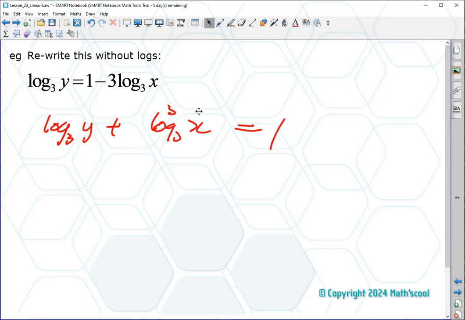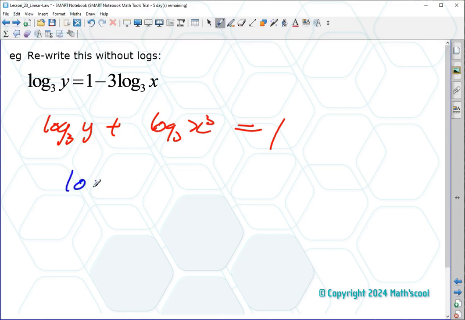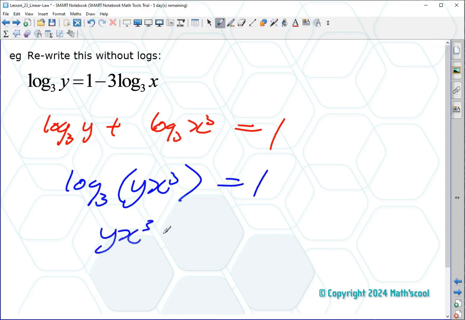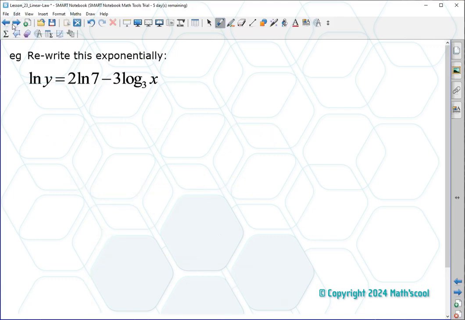X cubed. Lovely. Done that. Then you do log 3 of y times x cubed. Done that. Then you get rid of the log 3, which will be 3. Lovely. And then, yeah. Splendid. Fantastic. Okay.